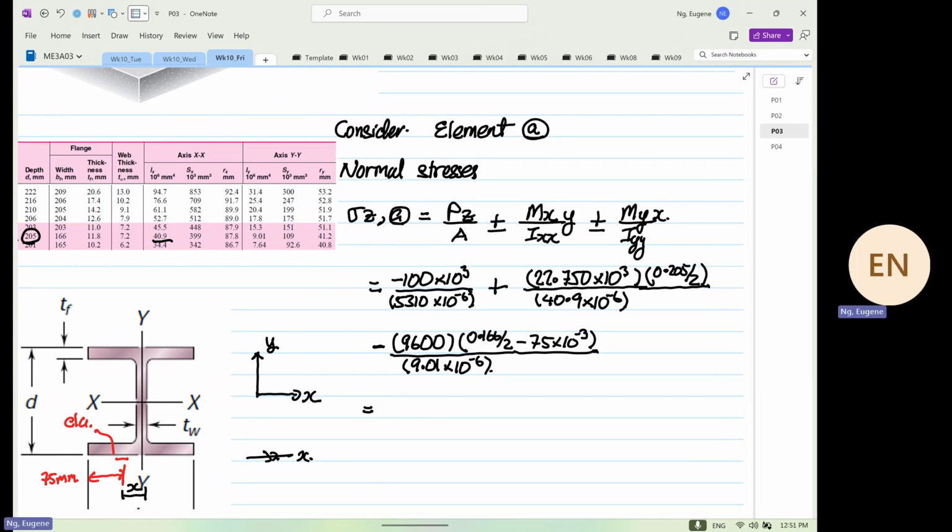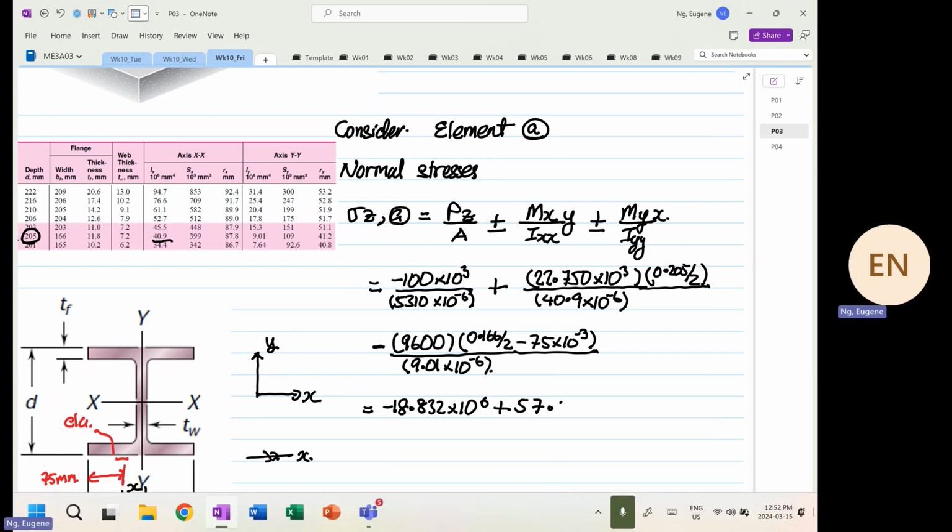So this will be equal to minus 100 times 10 to the power 3 divided by 5310 times 10 to the power minus 6, which is minus 18.832 times 10 to the power 6, plus 22.75 times 10 to the power 3 times 205 divided by 2, over 40.9 times 10 to the power minus 6, which is 57.014 times 10 to the power 6.